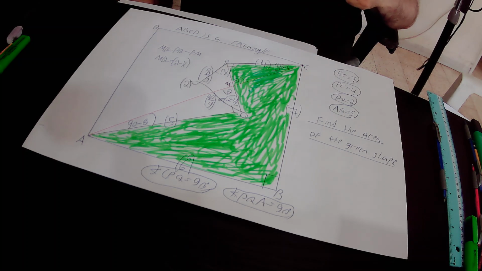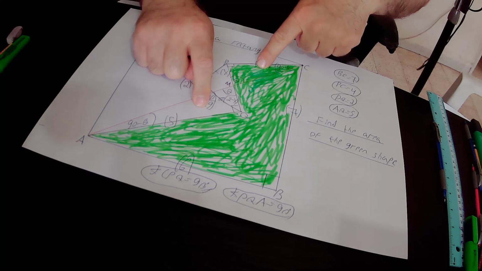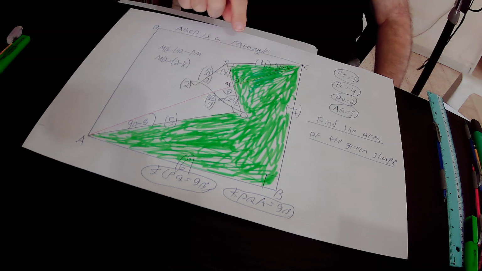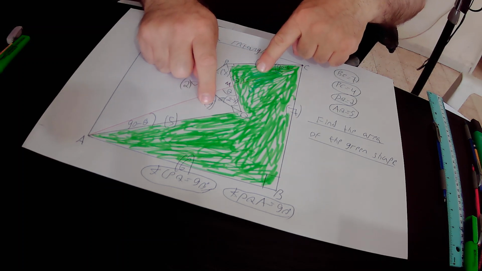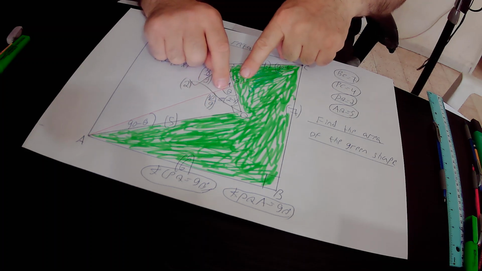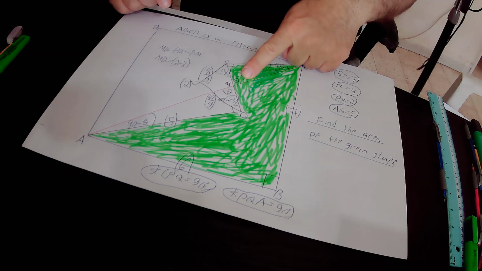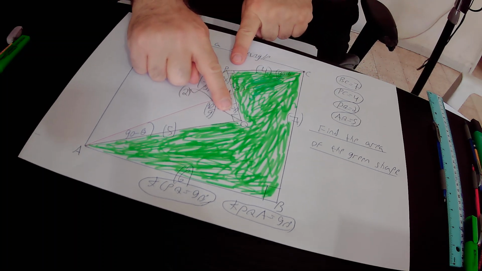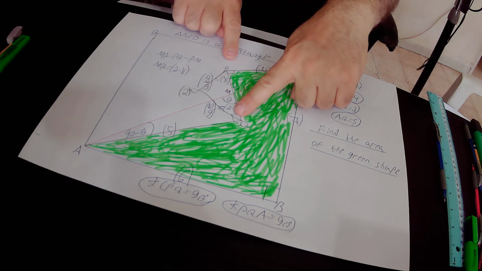In the next step, we proved that those two right triangles are similar to each other. That is to say, the right triangle AQM is similar to the small green right triangle PCM. So why are those two right triangles similar? First of all, those two angles are both equal to theta, therefore they are equal to each other. In addition, those two angles are both equal to 90 degrees, and therefore they are equal to each other.